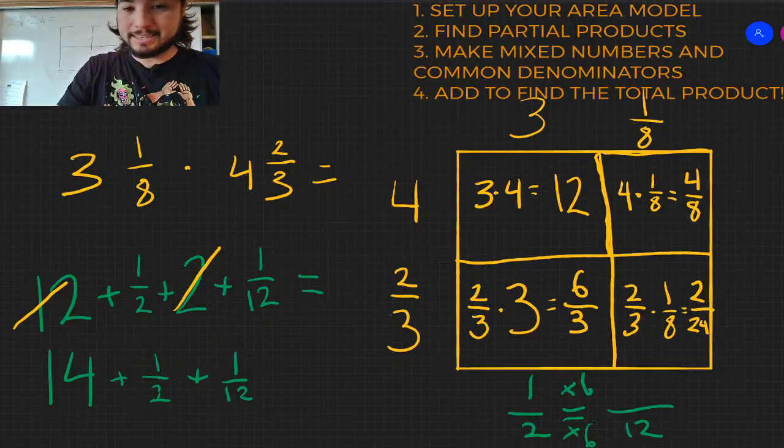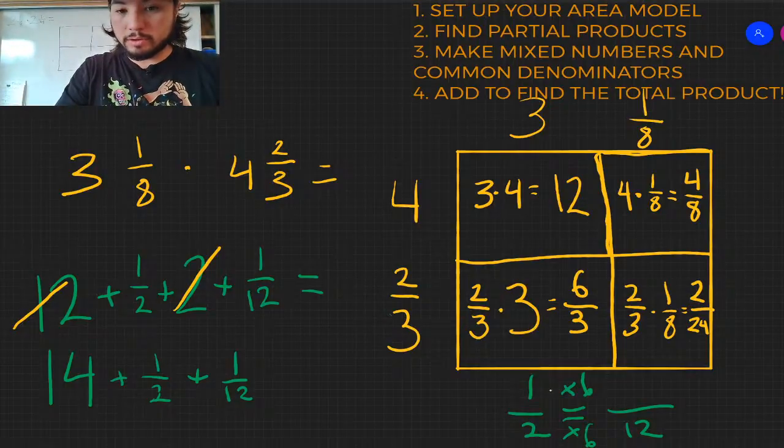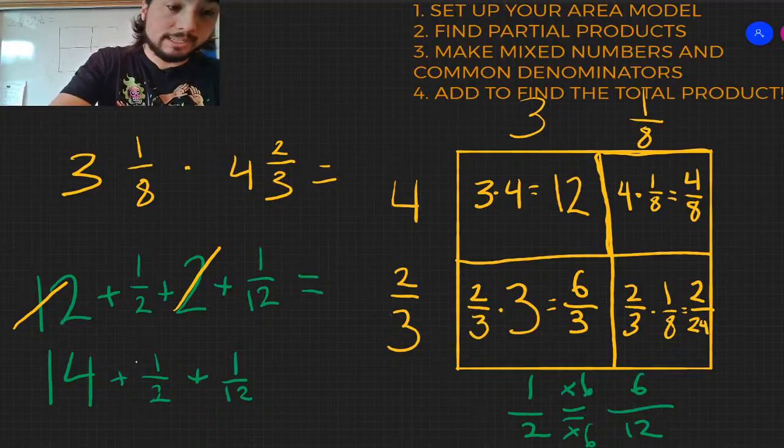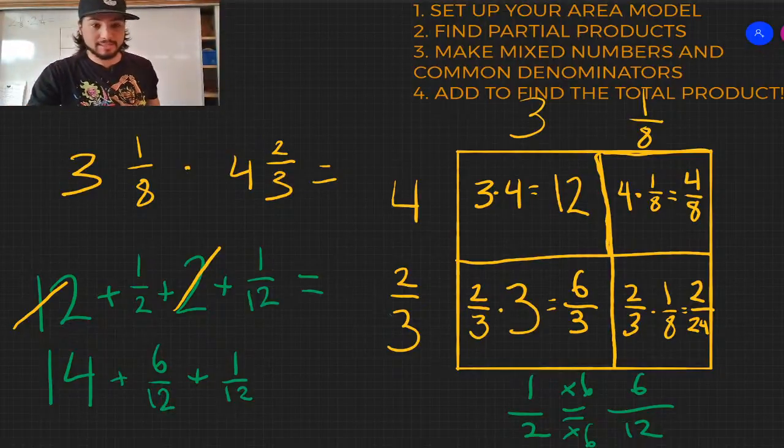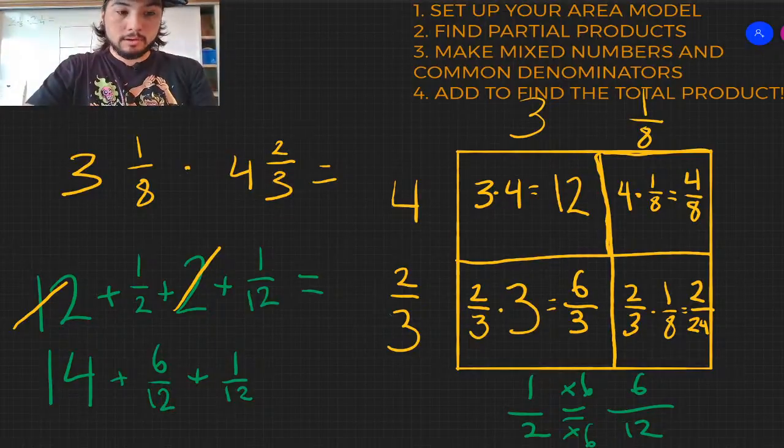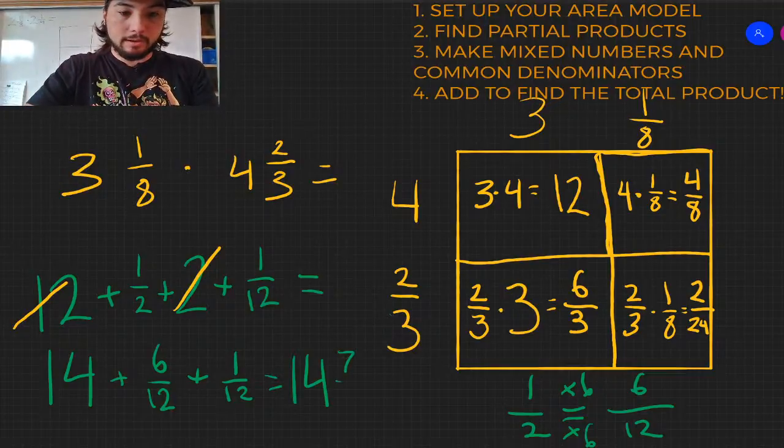So 6/6 is going to be my equivalent of 1. And 1 times 6 in the numerators is 6. So 1/2 is equivalent to 6/12. Now that I have common denominators, I can add my 6 plus my 1 to keep my 14 and 7/12.